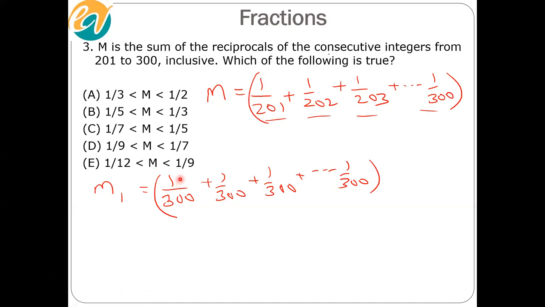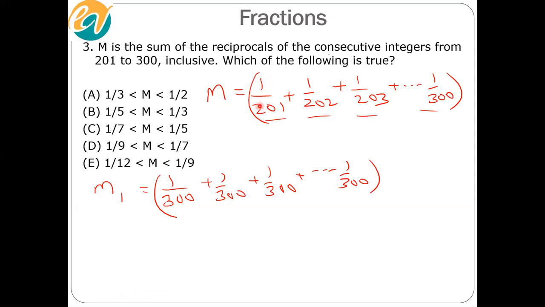Now I want you to compare the first term, 1 by 201, and 1 by 300. Tell me which term is larger? 1 by 201 is larger or 1 by 300 is larger? 1 by 201, right? An easy way to think about it is there is this one cake.